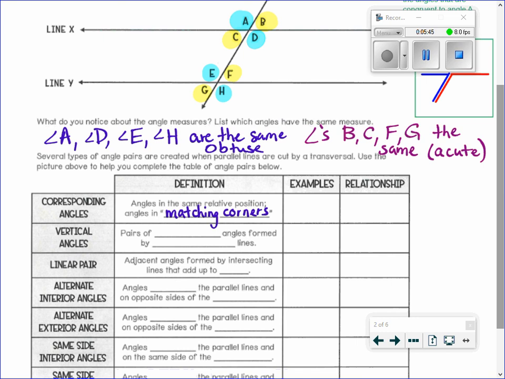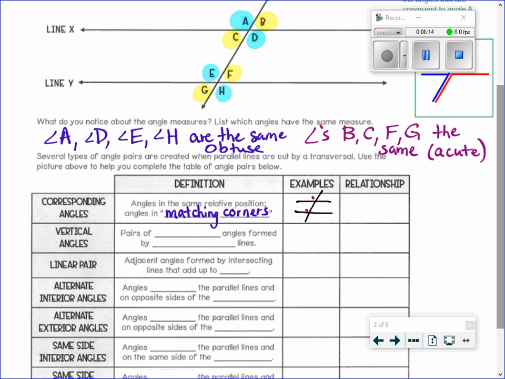I'm going to just draw my parallel lines and a transversal. The matching corners: I have 2 intersections, 2 places where it crosses. The top left matches the top left of each intersection. I put a red dot in the top left of each. If you want to write this on your paper, you could use a little highlighter to represent the top.